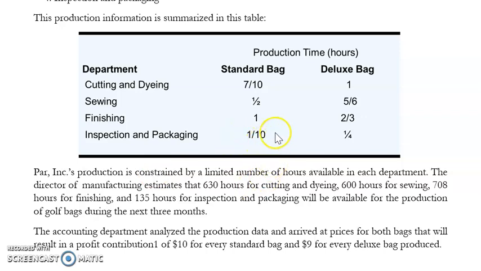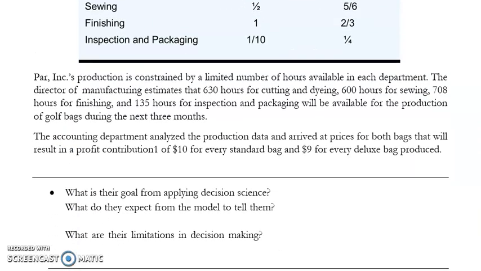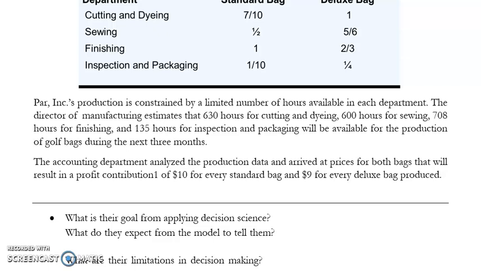It tells you how much time you need to do each of these processes on an item. Okay? So we got more information about the problem that we have. We want to produce 2 kinds of bags, medium and high priced, and to produce them we need 4 processes, and each process takes a specific amount of time. Because if you remember, there was mention of 3 months.